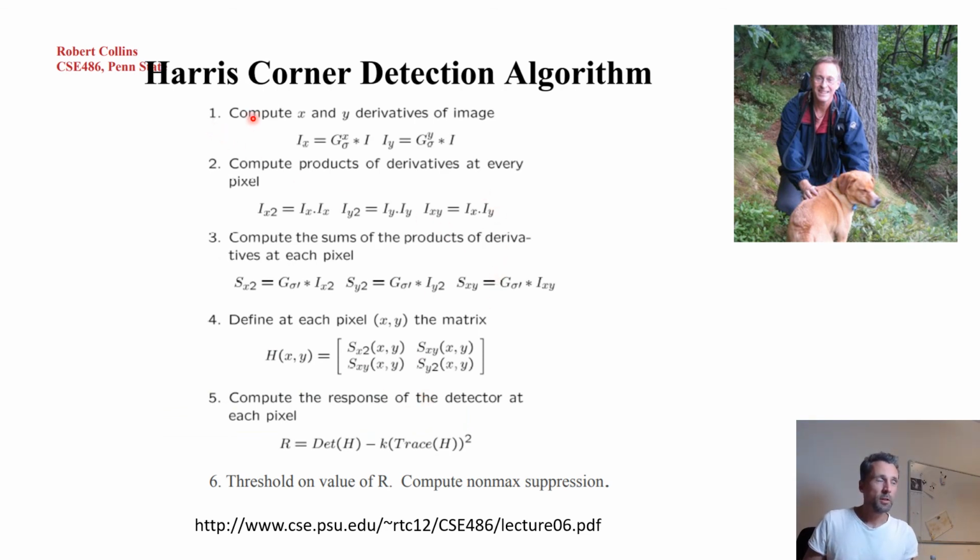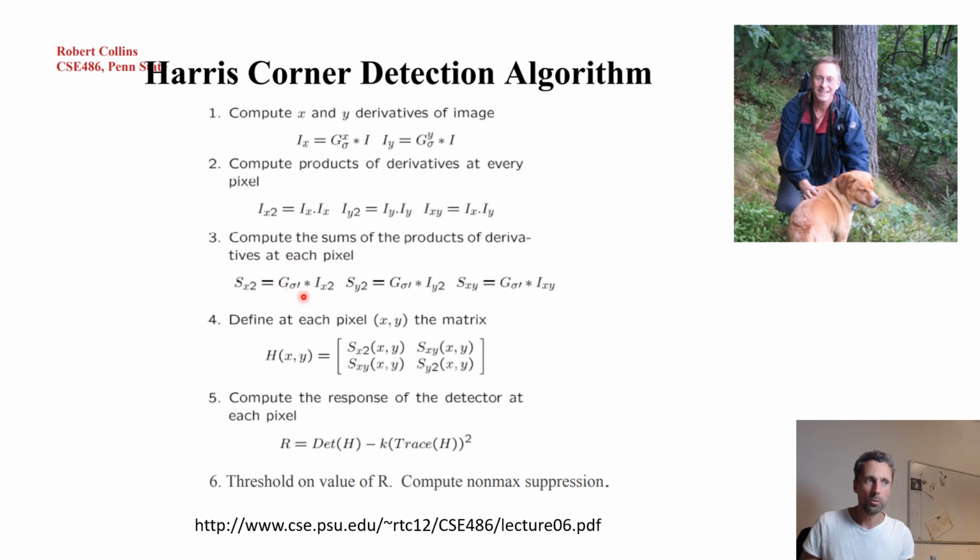Robert Collins, an instructor at Penn State University, has nicely summarized the algorithm here. I'm not going to write this down for you. I just copied one of his slides that you can find here. I hope he's okay with that. By the way, that's the way we compute the sum of the gradients.